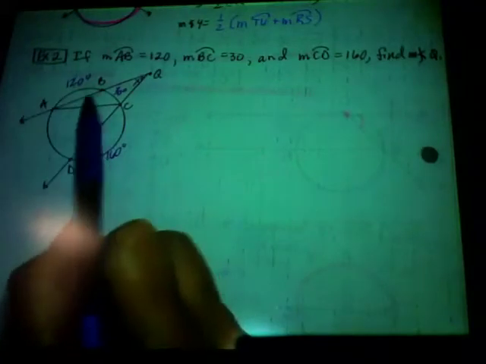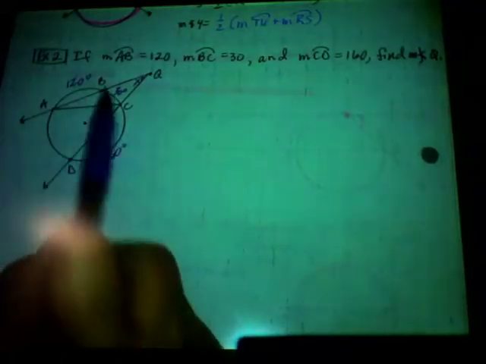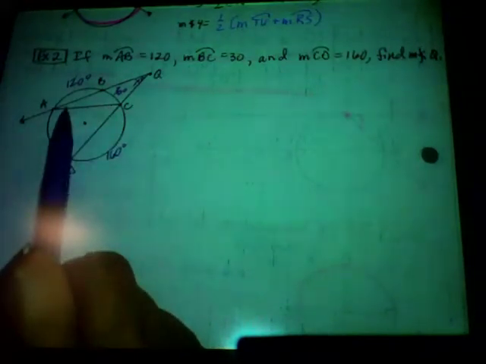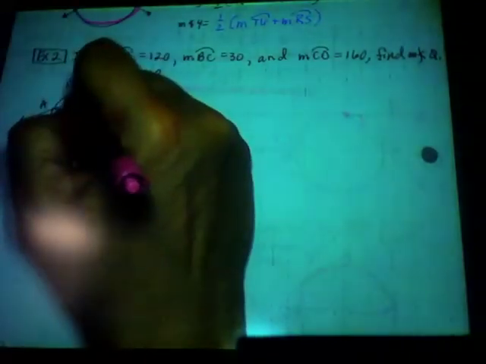Right? And inside this triangle we have an inscribed, is this inscribed? Vertex at the circle. So this is an inscribed angle. It intercepts this arc here, 30. What do we know about angle A? It's 15 degrees. So just based upon that, I know that this is 15 degrees.